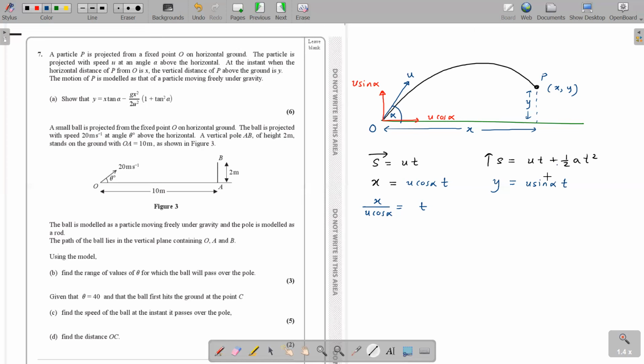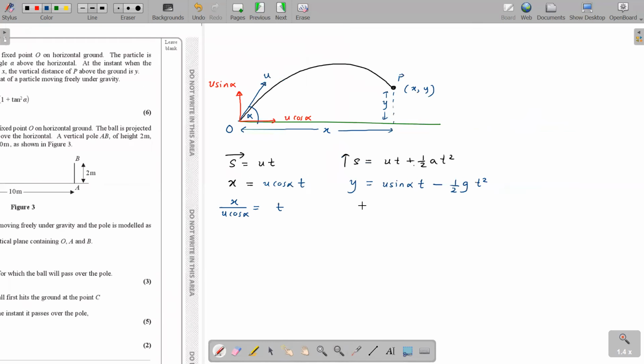Is it a plus acceleration? You know, you are moving freely under gravity. You are told that the object is moving under gravitational acceleration. So this is moving up. I put the equation up. Therefore, the A value should be negative G, right? So I'll just put the minus in front. Minus half GT squared. Are you with me? Replace the T value. We found T is X over U cos alpha.